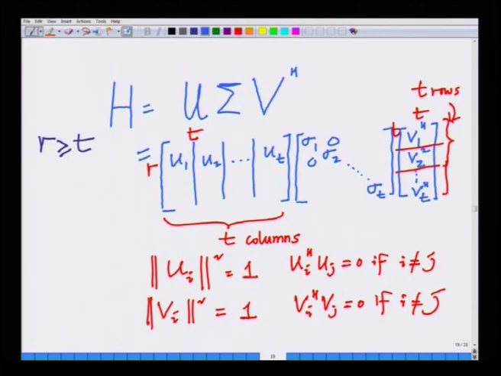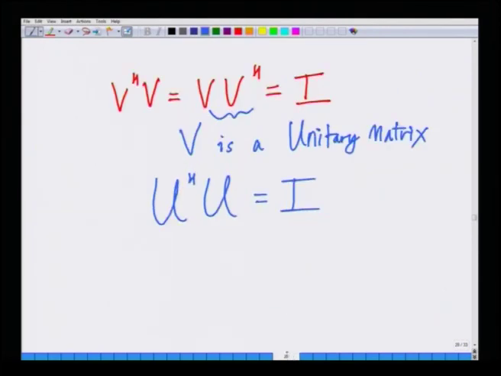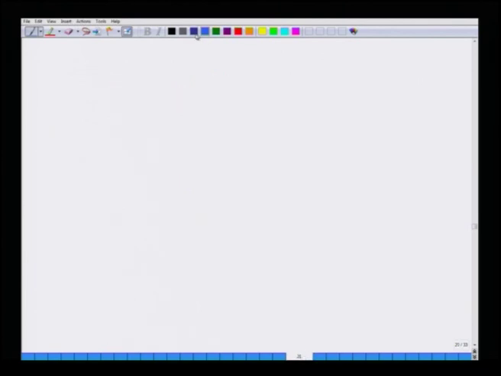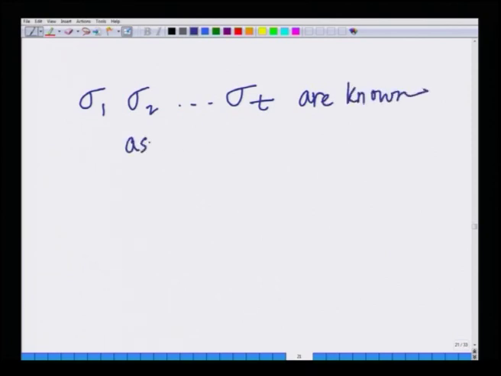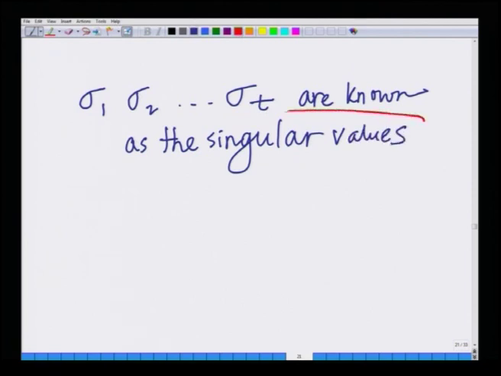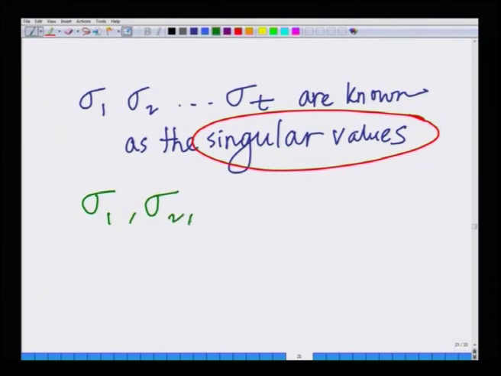And the other important aspect is these singular values. What is the structure of these singular values? Sigma 1, sigma 2, up to sigma T are known as the singular values of the matrix H. They are important for any matrix H, and they further satisfy the property that sigma 1 to sigma T are greater than or equal to 0.